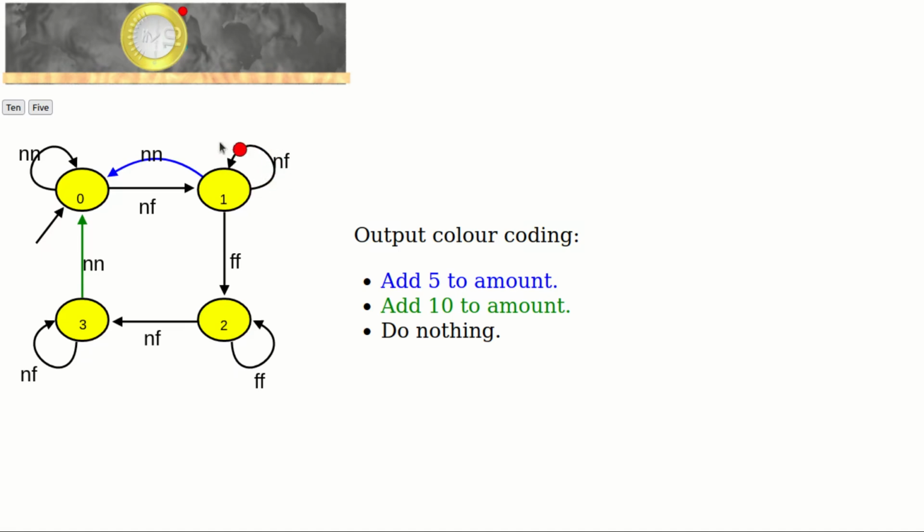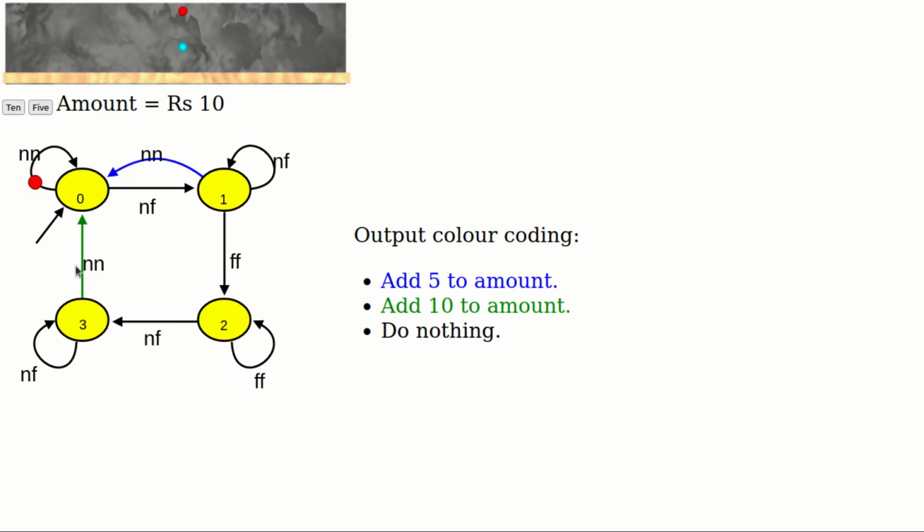So there will be lots of times that this loop will go round and round before the coin can move past. Now it moves further. Now it gets the input FF, meaning both of them are off, and it has come here, and then it moves further and has now come to state 3, meaning it has gone past, and then it will get NN and will be back in the original state.